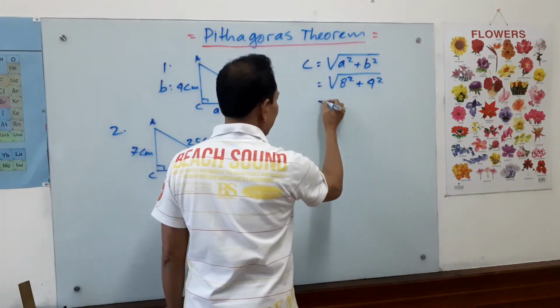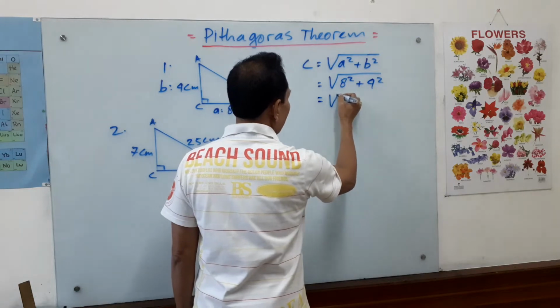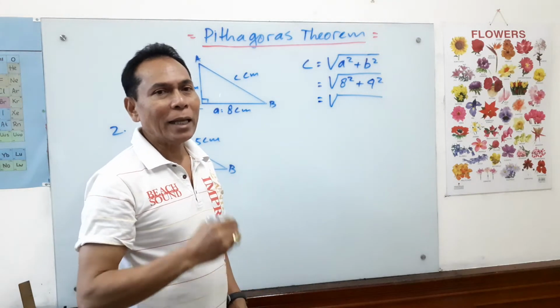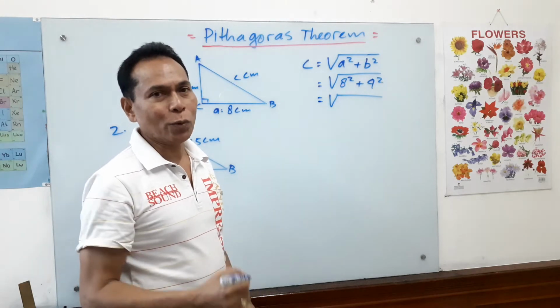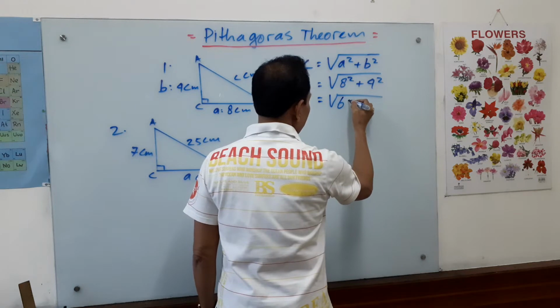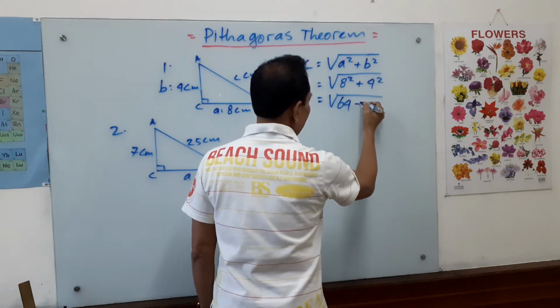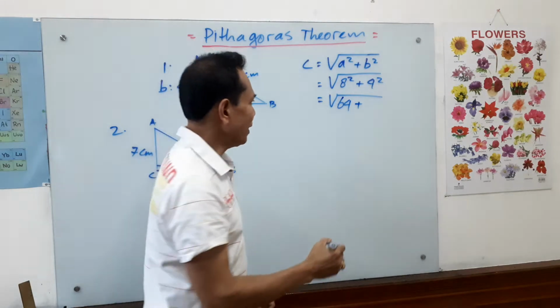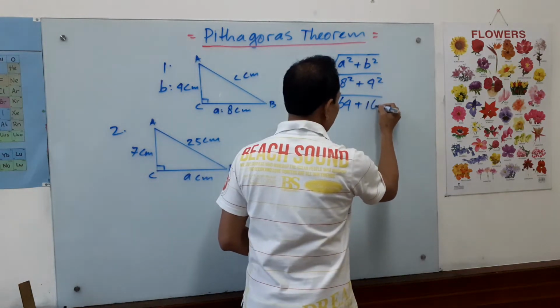We continue on. A square is 64, which means 8 times 8, we do it twice: 8 times 8 is 64. Plus 4 square means 4 times 4, so it is 16.